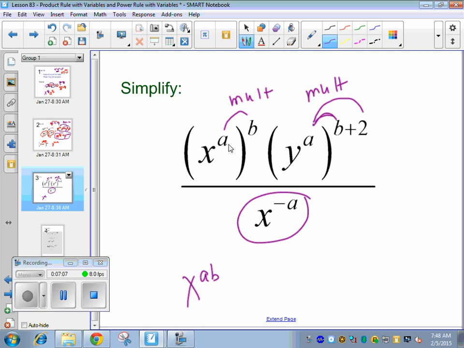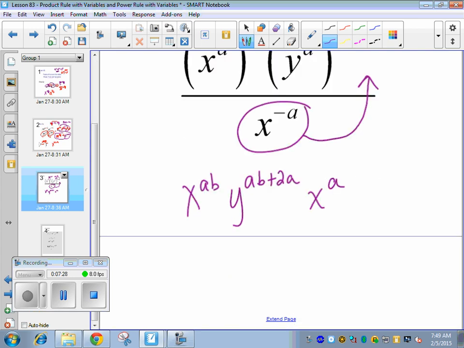So in the numerator here, we're going to have x to the ab. They multiply together. And then in the numerator here, we're going to have y to the, what is this going to give me? Yep, ab plus 2a. And then this moves up. And when we move it up, what happens to this negative a? Positive a. Okay? Now, which ones are friends, and can we add together? The ones that have a base of x.